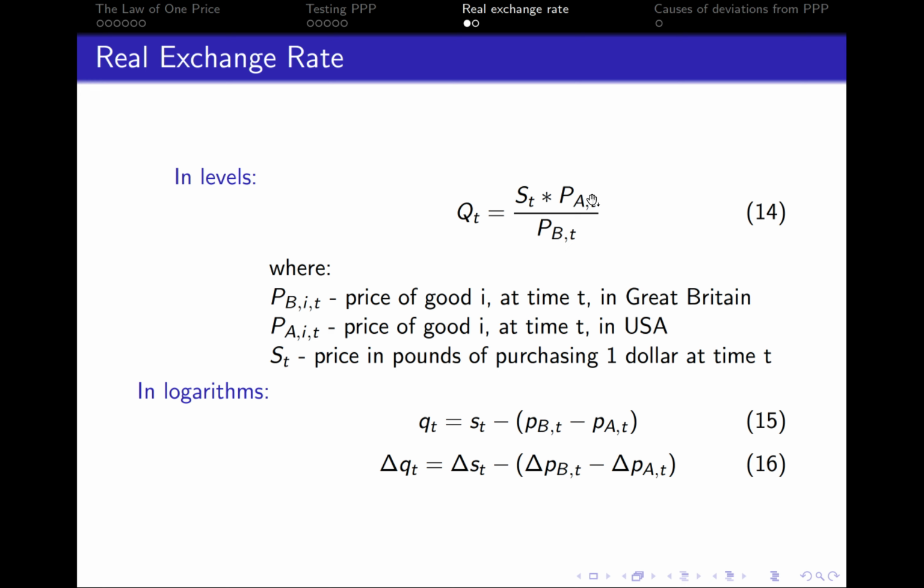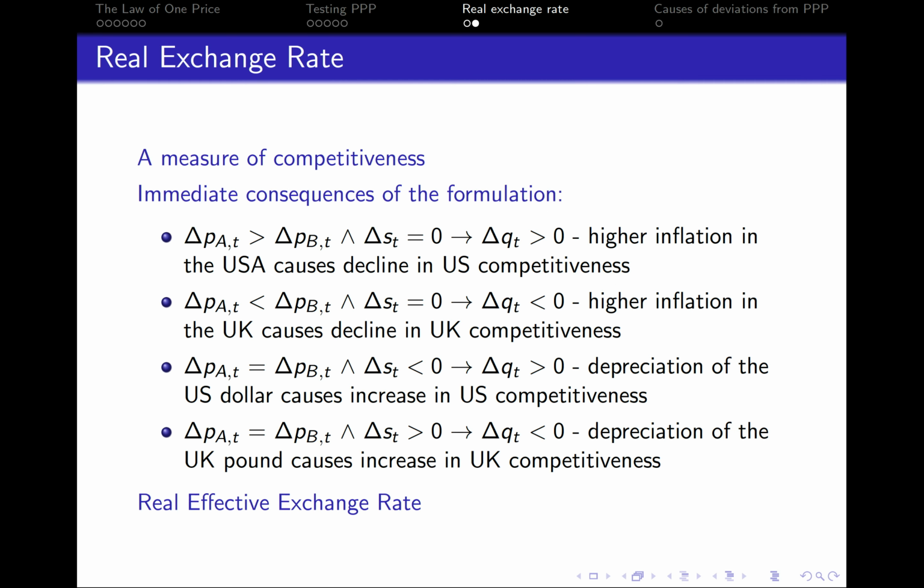But look, postulated like this, what is actually the real exchange rate? Real exchange rate that we see over here is a measure of a country's competitiveness, because it shows where it is actually more profitable to buy goods.